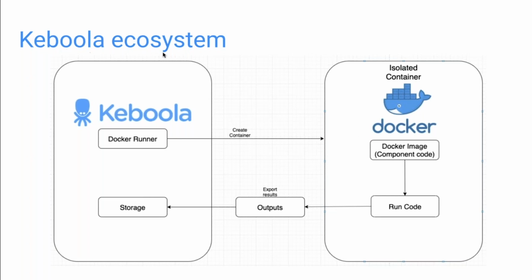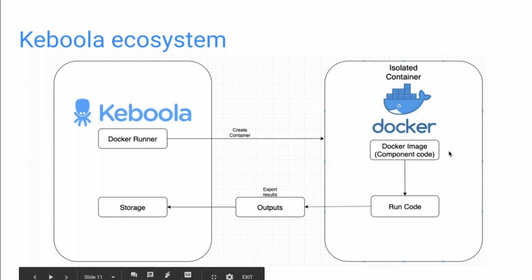So this is the Keboola ecosystem. On your left, you will see Keboola. Let's imagine this as our platform. This isolated container, imagine this as a Docker container. How it works is that in Keboola, we have an API called Docker Runner. It will create a container, a Docker container.